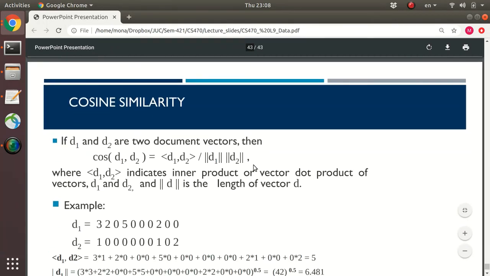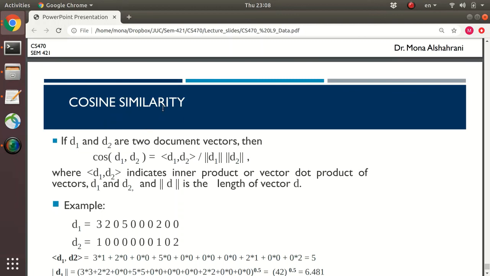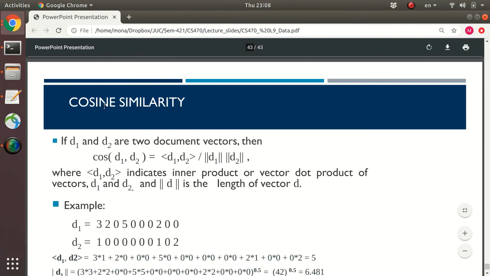Another measure of similarity is the cosine similarity, and the cosine similarity is famously used with document vectors. So you remember what we discussed in this lecture about document vectors representing text in the bag of words model, where we have a number of documents, and the dimensions or the attributes represent the terms, and the values of this matrix represent how many times this term occurs in a specific document.